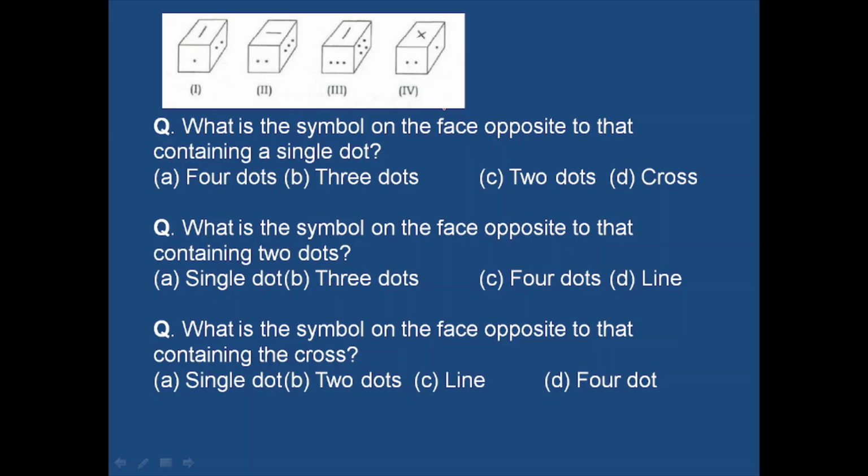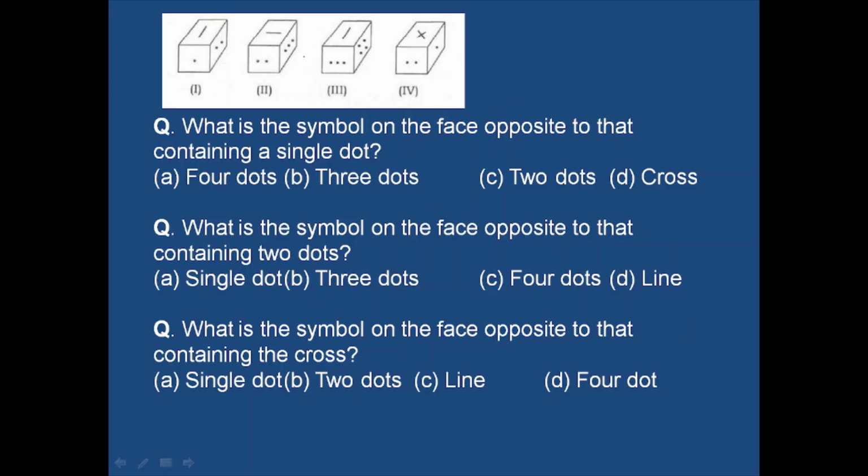It means we have to find out opposite numbers, basically, and for that we have to select out of 4 positions only 2 positions that have only one face common. Now you know that a dice consists of 6 surfaces, 6 faces. And here 6 faces are numbered 1, 2, 3, 4 dot, and one single line and a cross line.